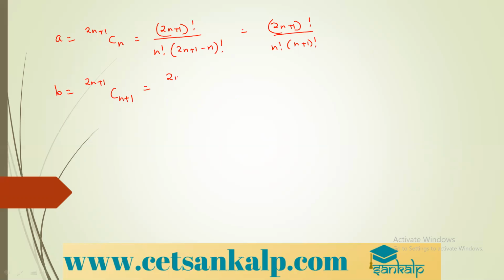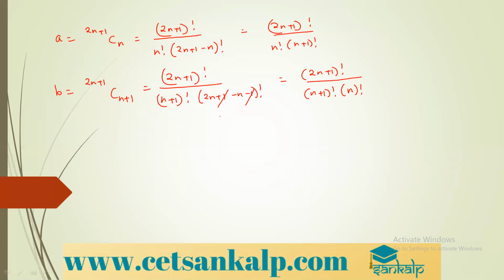So I will write this as (2n+1) factorial by (n+1) factorial into (2n+1 minus n minus 1) factorial. So I have (2n+1) factorial by (n+1) factorial into n factorial, because 1 and minus 1 will cancel. If you see, both are exactly the same. So I can write A equal to B.